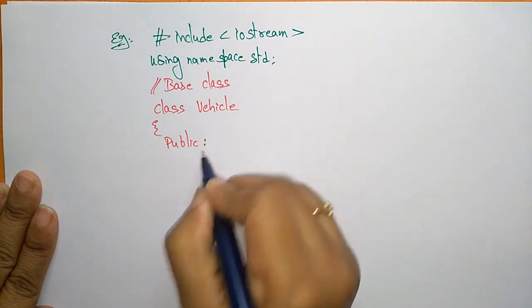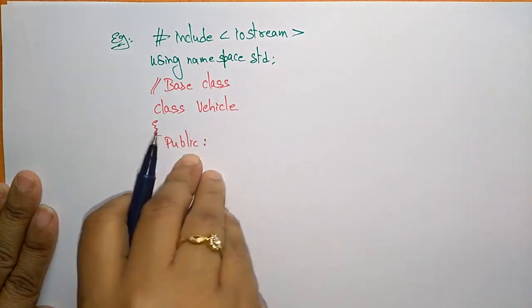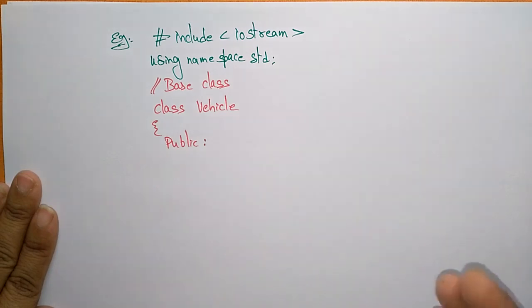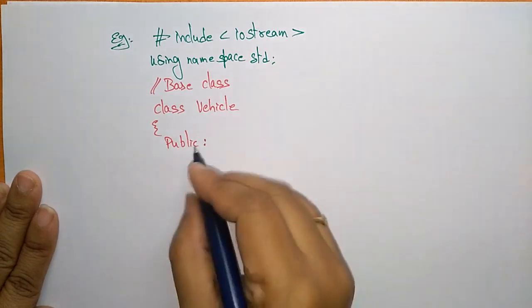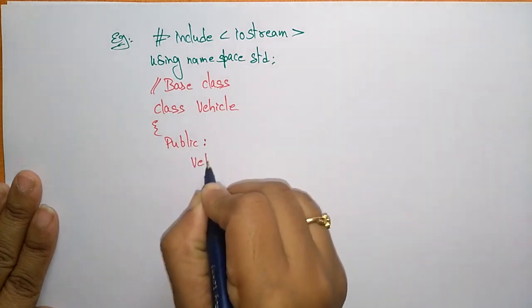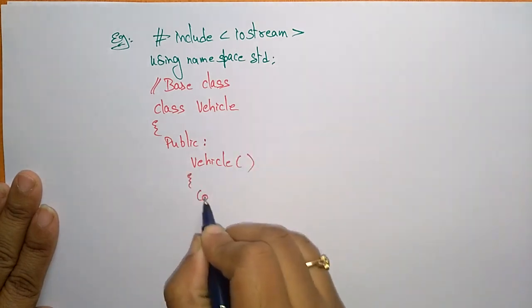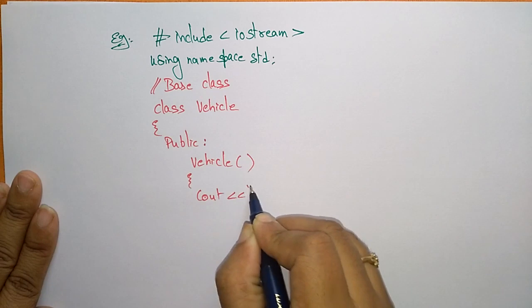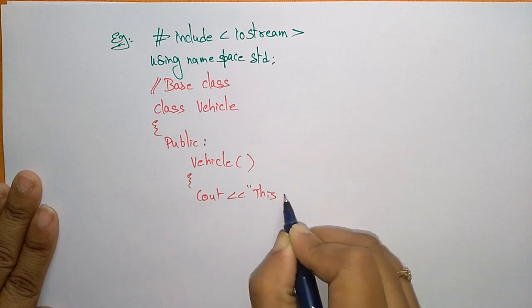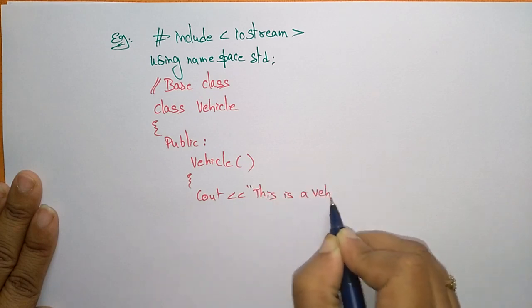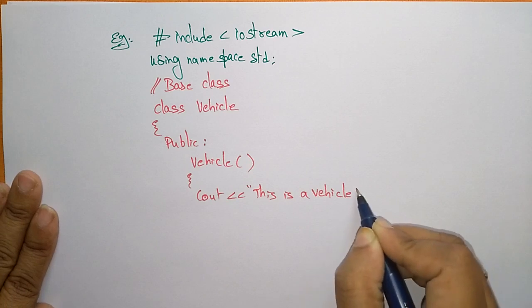Whenever I use public, these class properties can be inherited by other classes. Vehicle is the function. Here I am writing cout, this is a vehicle. I am just printing the message.